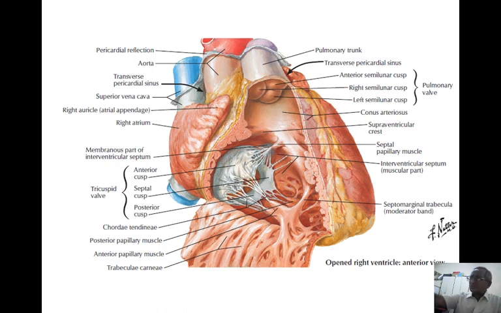This is the posterior wall of the right atrium.